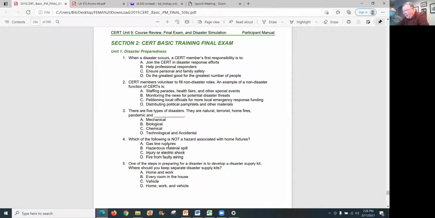It's not a gas line rupture, because that could happen. Is it a hazardous material spill, or an injury or electrical shock? Could that happen at a home fixture? Fire from faulty wiring. Which one of those does not look like it would work? Somebody give me a good answer quickly. Just guess on one and I'll correct you. B. I'd say B. B is the right one. That is not a hazard around the house.